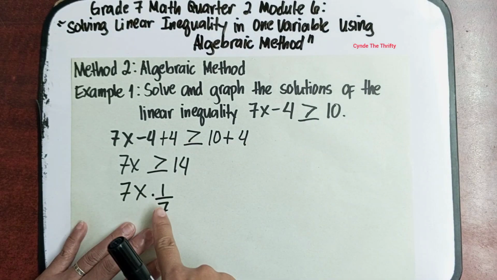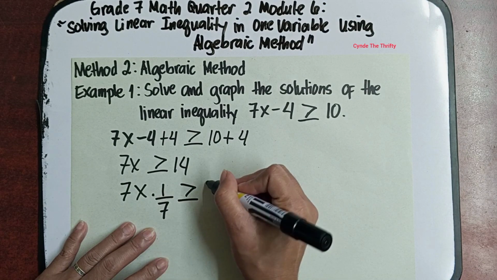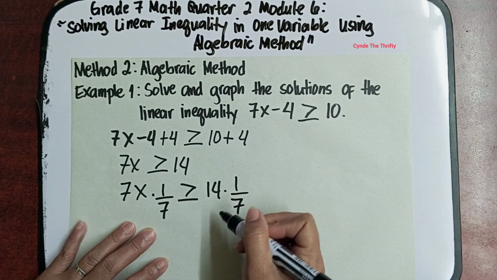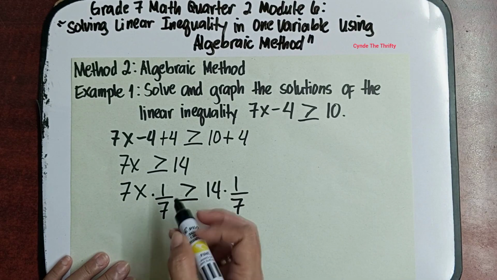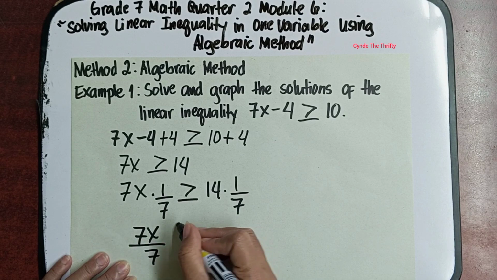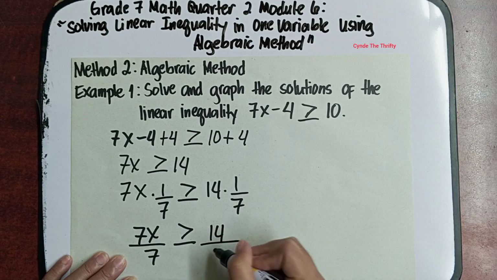At dahil nag-multiply tayo dito na side, i-multiply din natin ang kabilang side. So, 14 multiplied by 1 over 7. So, 7x times 1 is equal to 7x over 7 is greater than or equal to 14 times 1 is equal to 14 over 7.